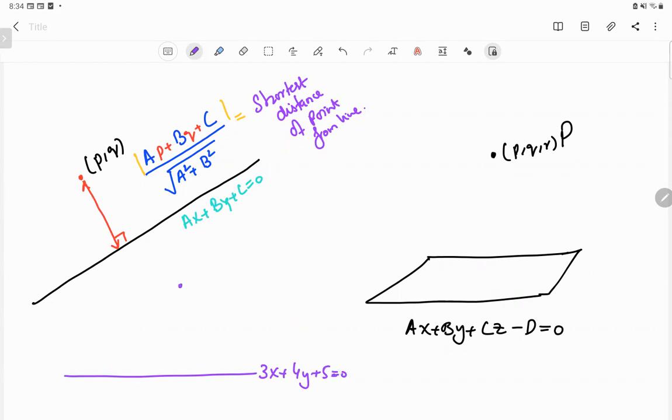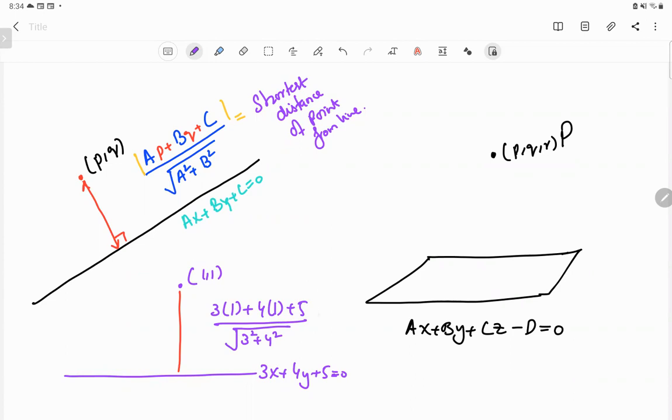If this is a point, and I want to calculate the distance of it from this line, and I'm interested in knowing this red distance, I will do what? 3 into 1. I will insert the coordinates of the point in the equation of the line, and then divide it by the square root of the sum of the squares of the coefficients of x and y.